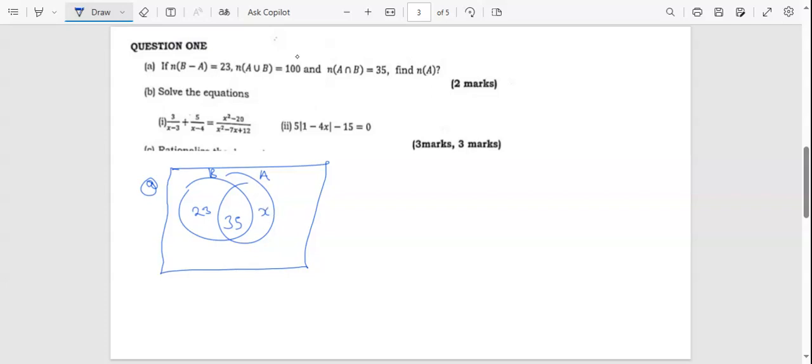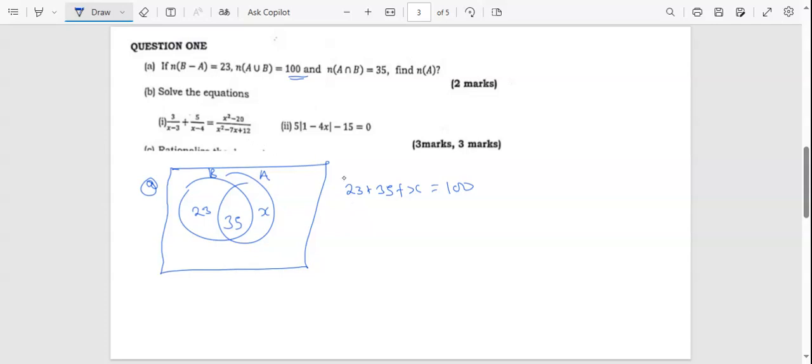Now they are giving us that A union B is equal to 100. So they are 100 when you add them inside there. So say 23 plus 35 plus this x is equal to 100. Now 23 plus 35, what is that?